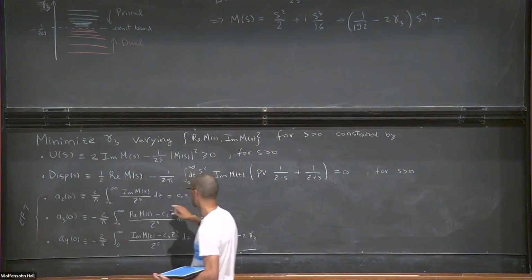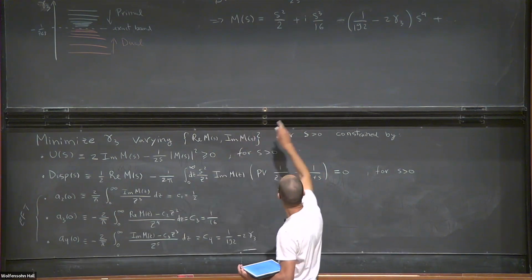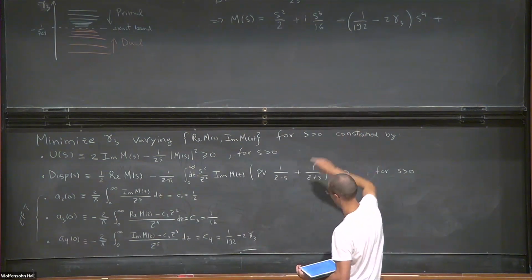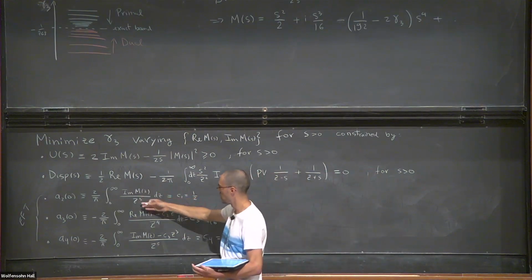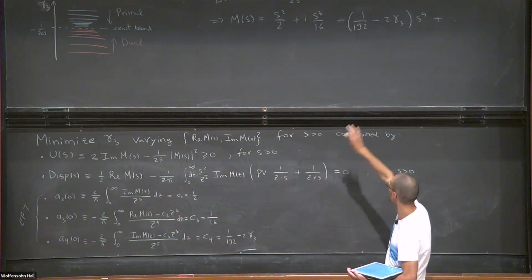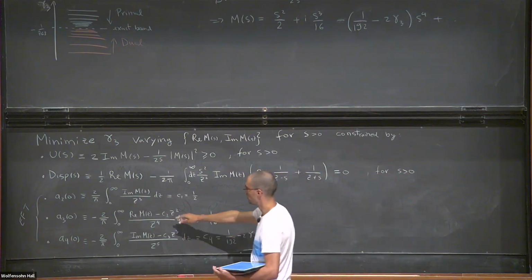So it tells you that the first coefficient s squared is a half, and the coefficient s cubed is 1/16, and the coefficient s to the 4 is related to gamma 3. And you get those coefficients using this kind of dispersion relations, integrating the imaginary part or the real part, depending if you want a real or imaginary coefficient, from 0 to infinity.